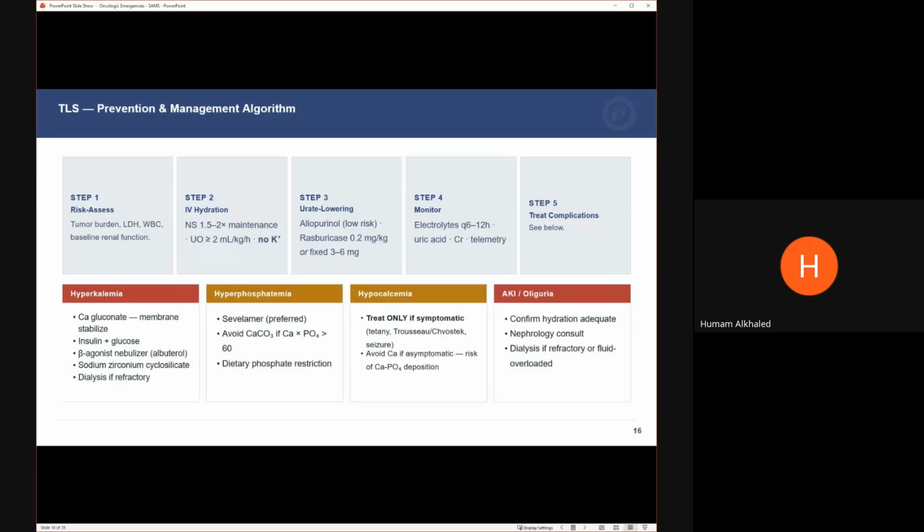And treating complications, all of these electrolyte abnormalities come with their own complications. I'm not going to go too much into details in treating electrolyte abnormalities, but it's no different than your other patients with electrolyte abnormalities. The big focus here is to focus on hydration.